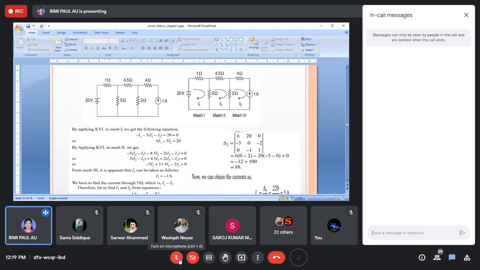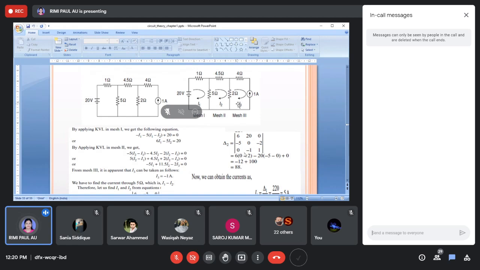So the first equation I can say: minus 20 plus I1 plus 5(I1 minus I2) is equal to 0. Second equation: 5(I2 minus I1) plus 4.5 I2 plus 2(I2 minus I3) is equal to 0. So the second equation is right.